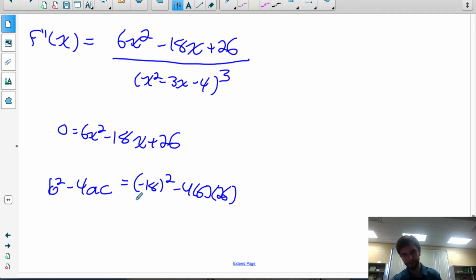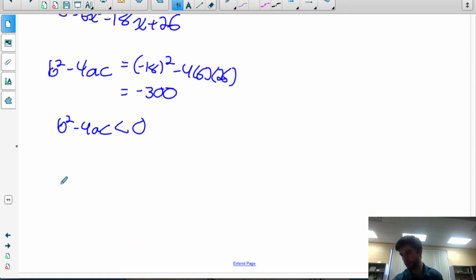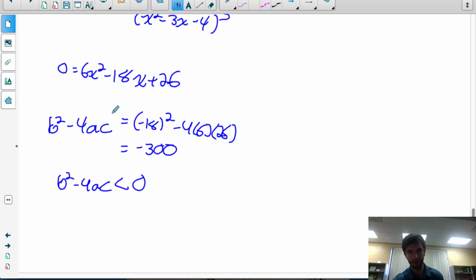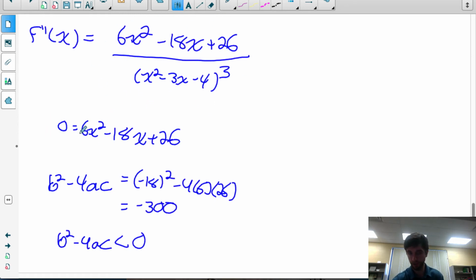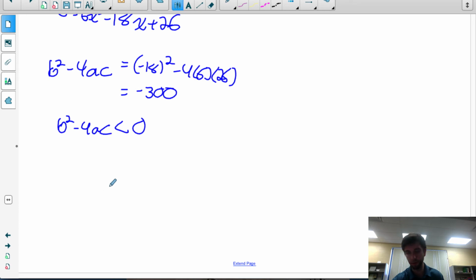If we do that, we get negative 300. So the fact that b squared minus 4ac is less than 0 means there's no way this quadratic could be equal to 0, because the discriminant is negative. Therefore, there's no way this function could be equal to 0, which means I get no possible points of inflection from the zeros of the second derivative.